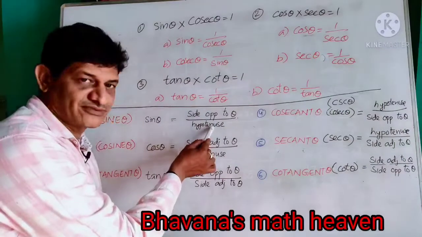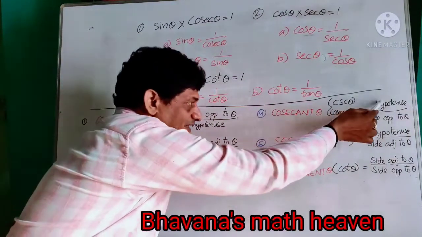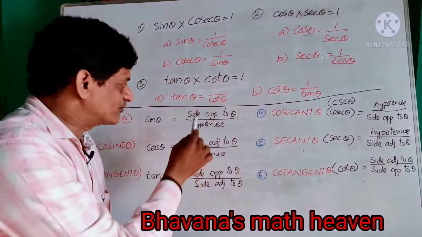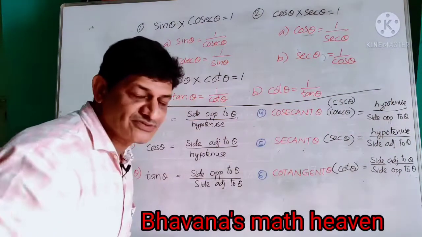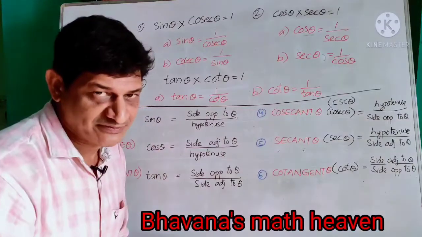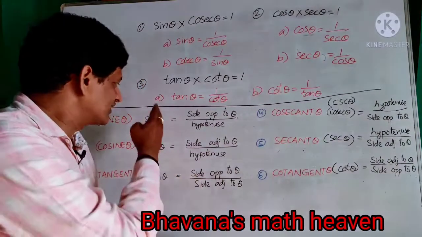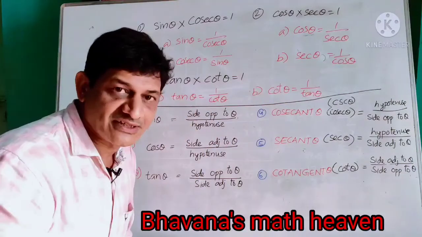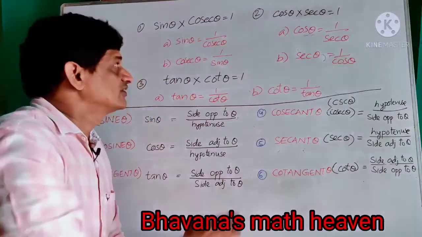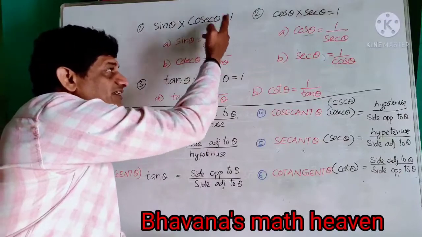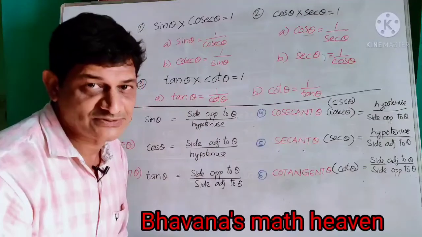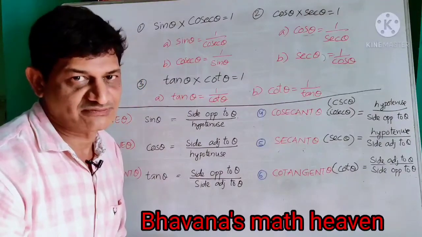Opposite by hypotenuse. Definition of cosecant is hypotenuse by opposite. When you multiply these two ratios, opposite gets cancelled, hypotenuse gets cancelled, and you get the product as 1. So clearly sine theta and cosecant theta are reciprocal to each other. So we can write the product as sine theta into cosecant theta equals 1. This is called a reciprocal relation.